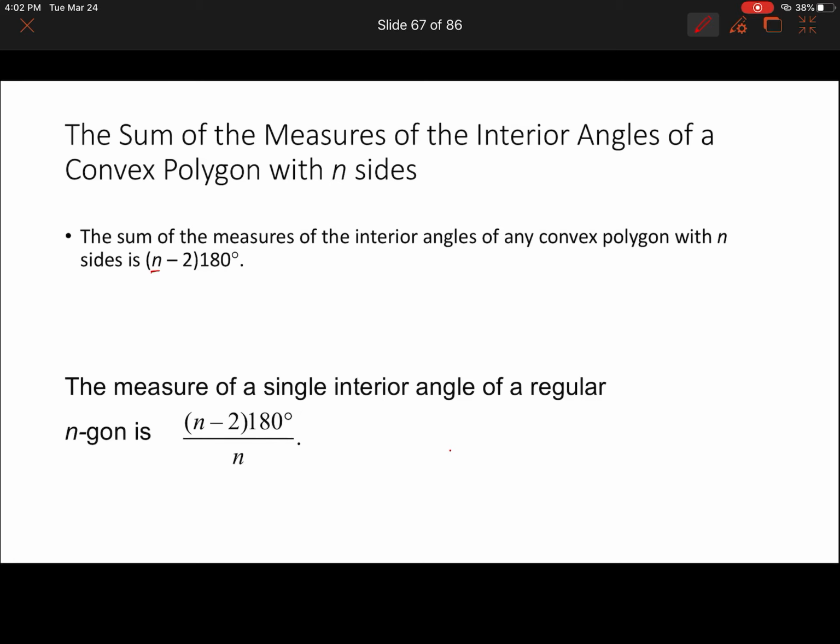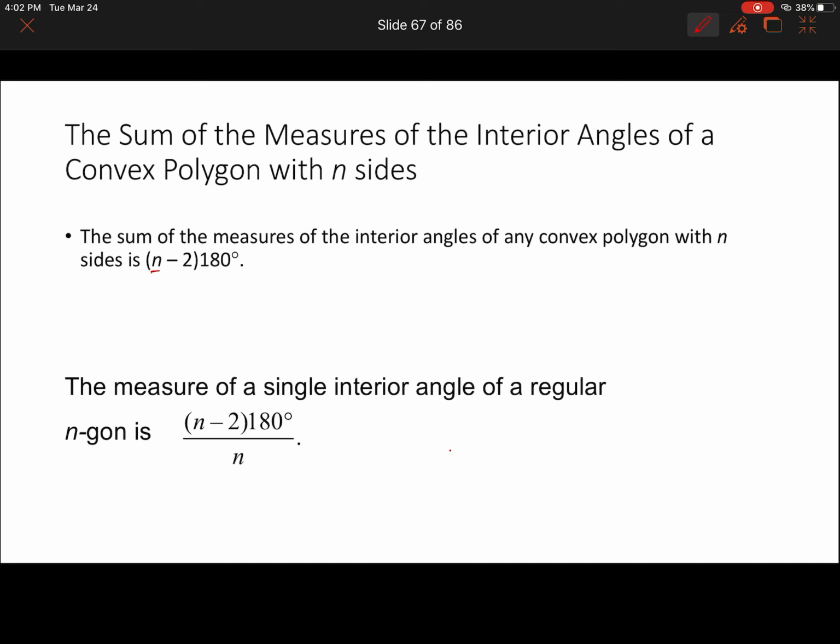And so if we want to know the measure of a single angle inside one of these polygons, then we can simply take that number if it is a regular polygon, because remember, if they're regular, it means they're equilateral and equiangular, so all the angles would be the same.